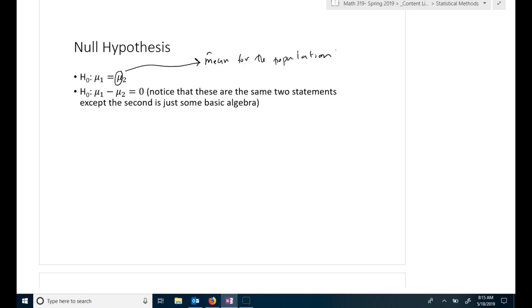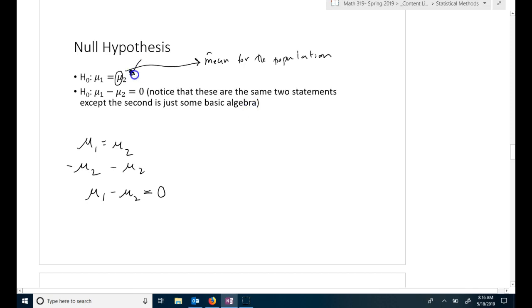My H naught can also be retranslated, utilizing just a little bit of basic algebra, as mu1 minus mu2 equals 0. So let me just show you that. Mu1 equals mu2. Subtract mu2 from both sides. And that gives me mu1 minus mu2 is equal to 0. Oftentimes you're going to see in the literature this one rather than this one right here.